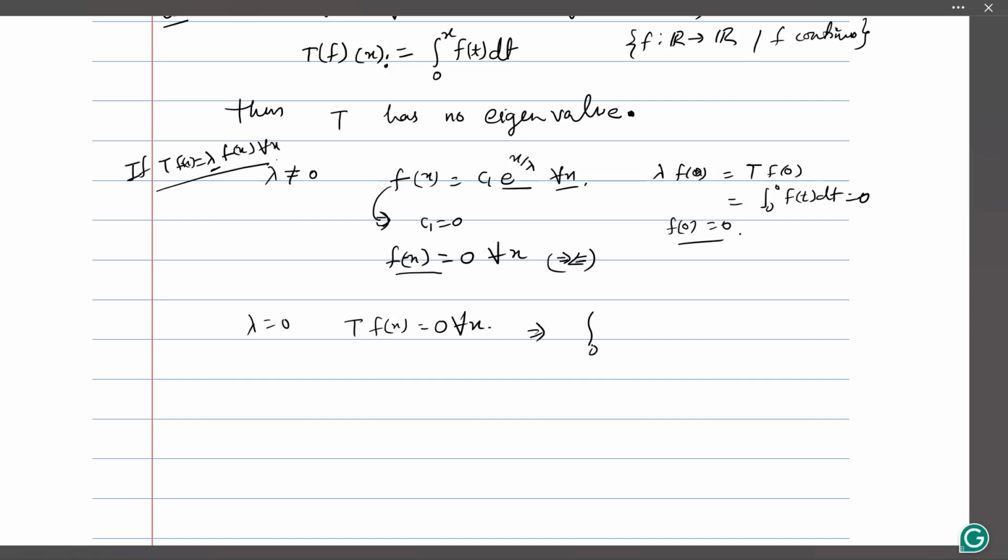This implies the integral from 0 to x of f(t) dt is equal to 0, which implies the function itself is 0, f(t) equals 0 for every t in R. But then again it is a contradiction, because this implies f is not an eigenvector corresponding to lambda equal to 0.